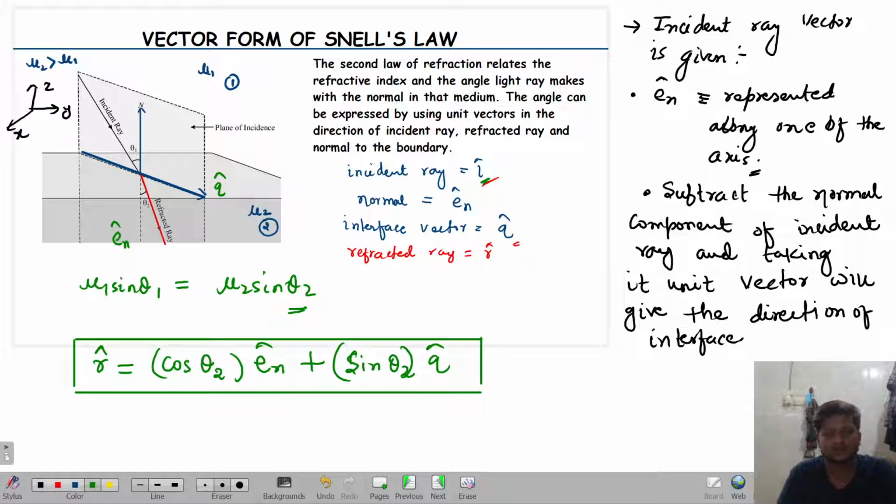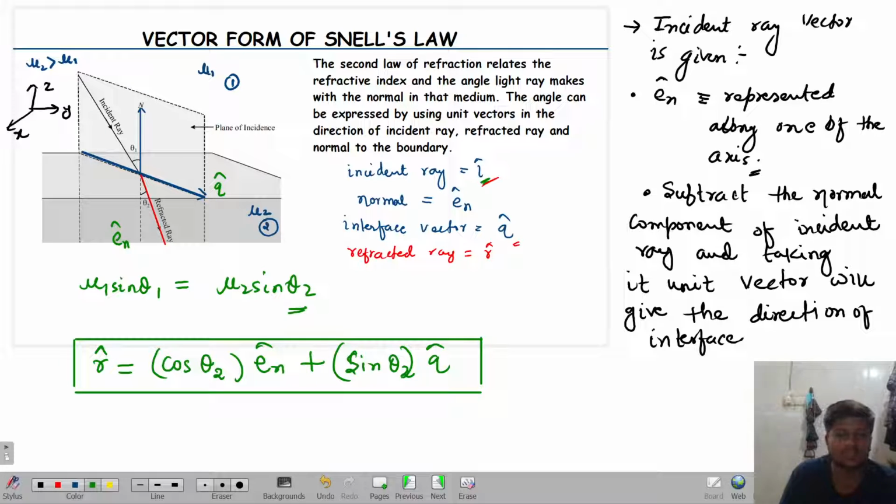Yes, Gagan? Yeah. So, if you write n cap, when you will be writing n cap, then only you can write the negative sign or not.